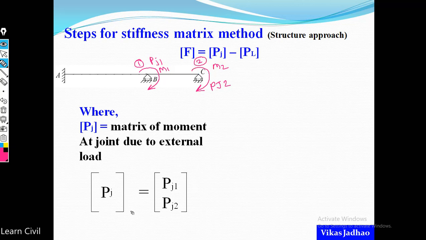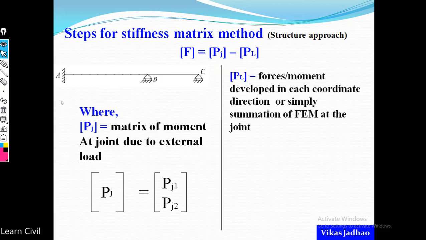So this PJ matrix will become a matrix with M1 and M2 like this. So PJ1 and PJ2 are the moments acting at the coordinate numbers due to external loading.